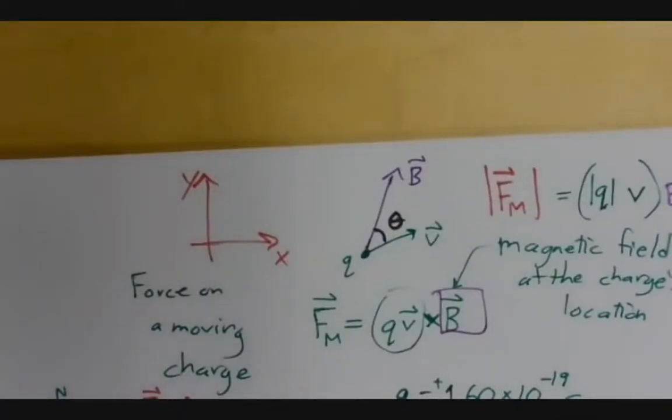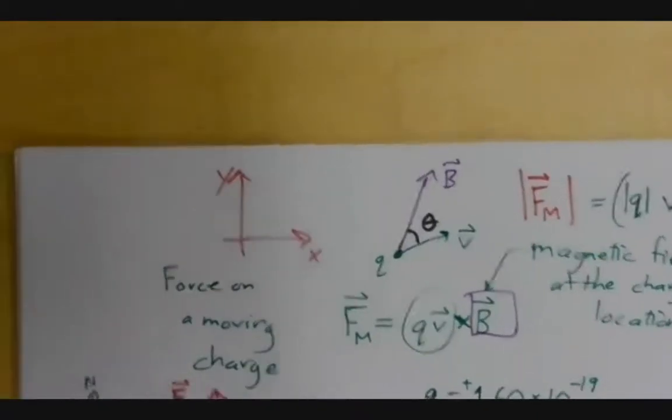The real core thing that wouldn't depend on convention would be to say, instead of telling me B, tell me where the charges are that are moving that are giving rise to B. And if you told me that, then I could do the whole problem start to finish using right-hand rule, or I could do the whole problem start to finish using left-hand rule, and I'd come to the same conclusion about which way this positive charge is going to feel a force. So we'll maybe see examples of that eventually.